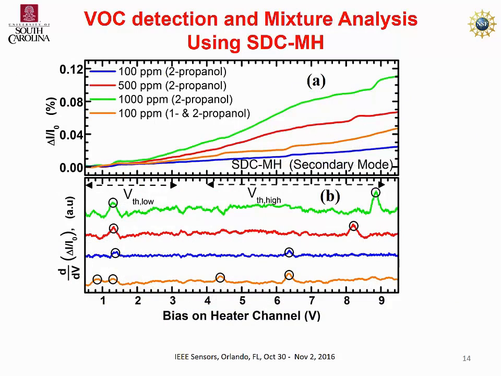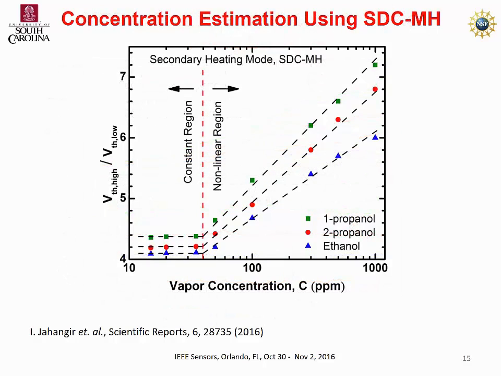Here the primary mode, the self-heating mode, is almost the same, but the secondary heating mode shows a response. If we take the first derivative of the response, we get 2 peaks instead of 1. So in the MDC image we get just 1 peak, but in the SDC image we get 2 peaks. When we take the ratio of these 2 peaks, we can estimate the concentration, because there is a linear correlation.